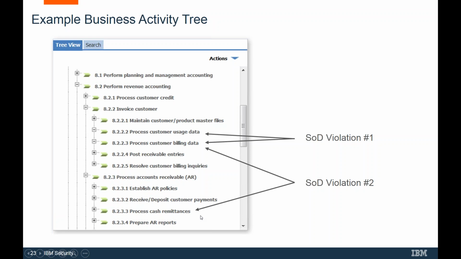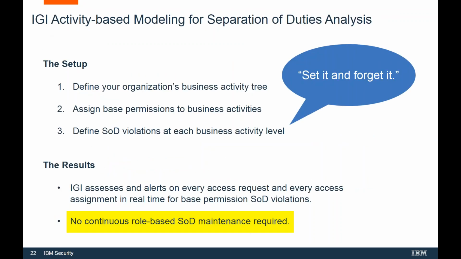Or likewise, processing billing data conflicts with processing the cash remittance capabilities. So you might be receiving cash, and you might modify from a fraudulent standpoint their actual bill to show that they provided less cash than you received, with the capability to do something with that excess cash from a fraudulent perspective.